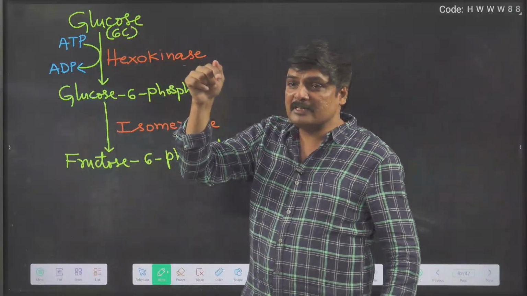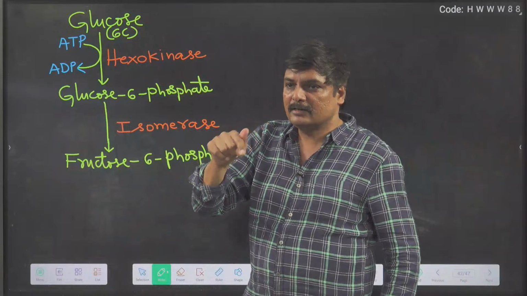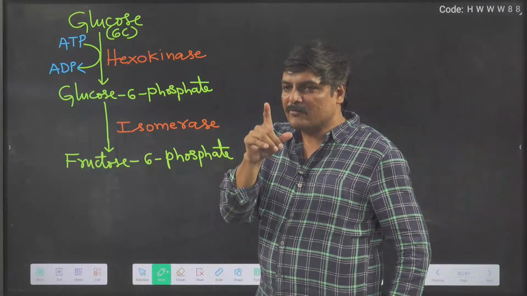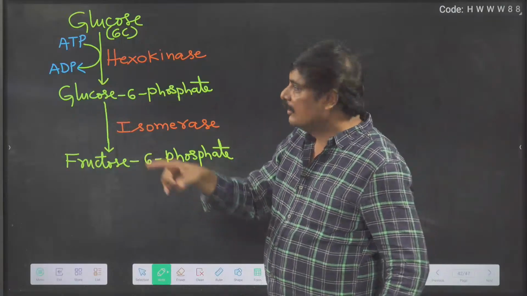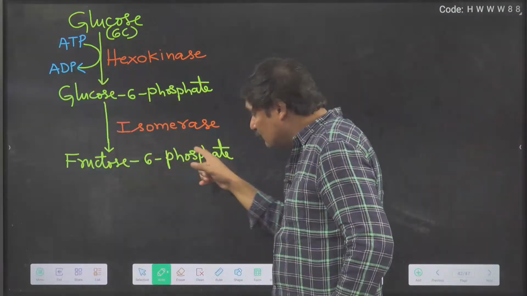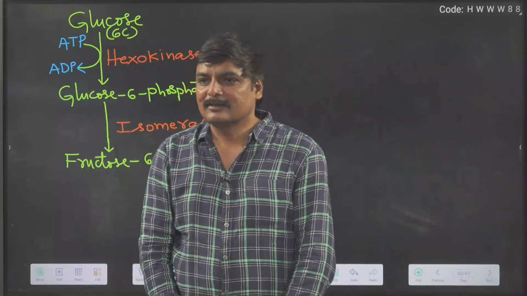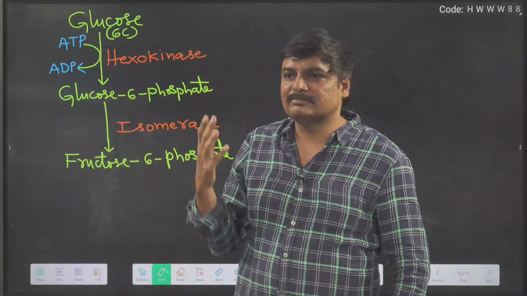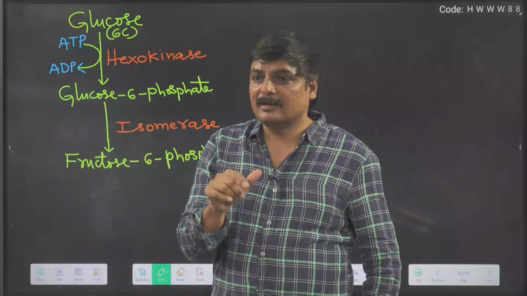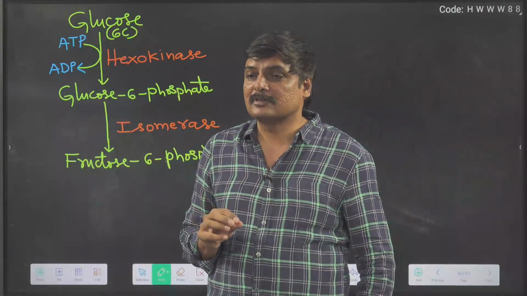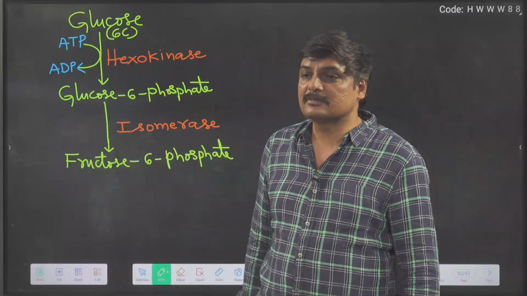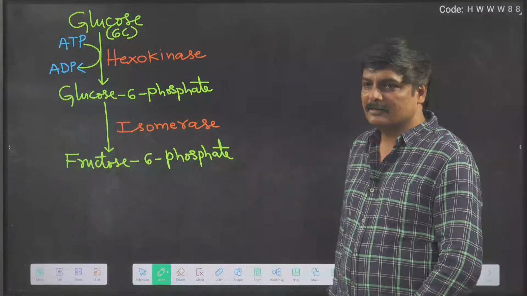If glucose is the substrate, two steps are required here. If fructose is the substrate, fructose is phosphorylated directly into fructose 6-phosphate. The remaining steps are the same. If fructose is taken, only 9 steps come. If glucose is taken, 10 steps come. Understand?